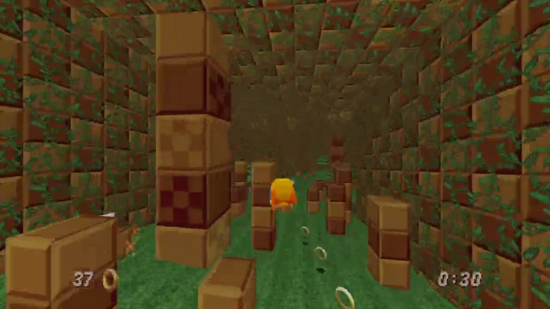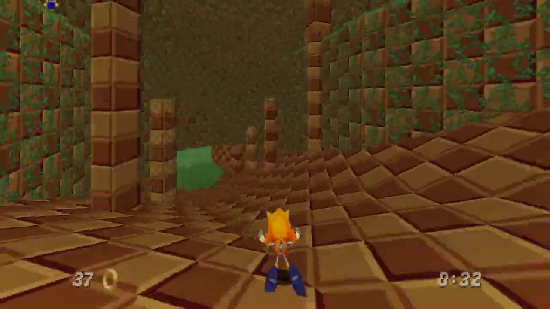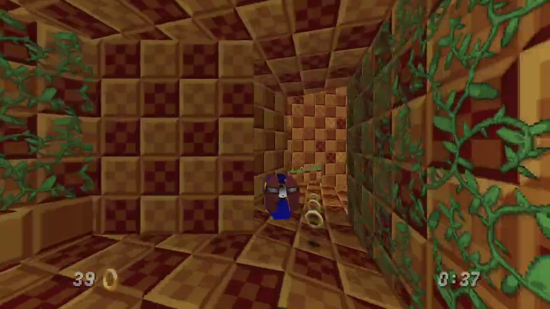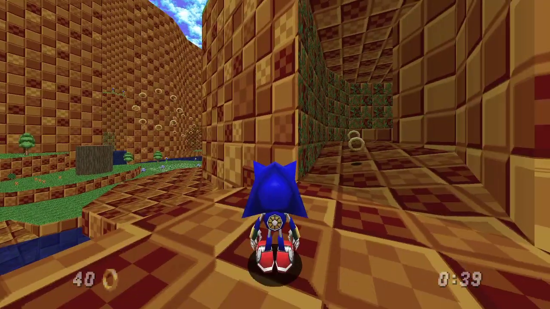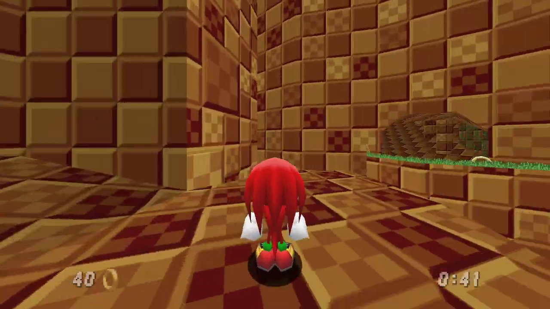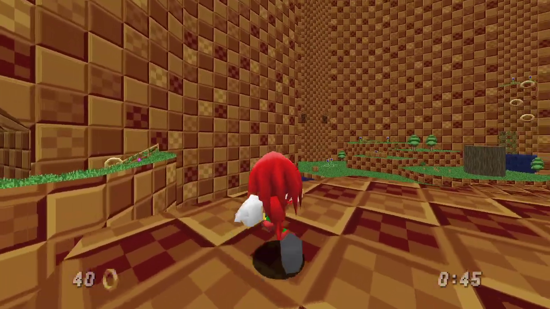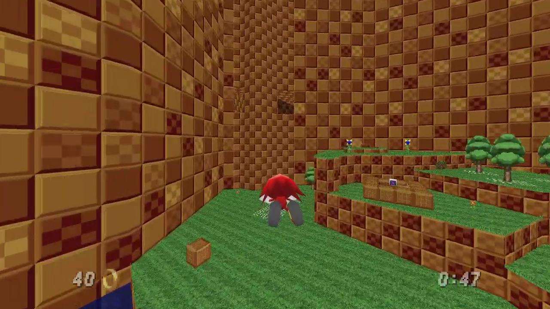Alright, so this is our stop. Let me go back to being Knuckles. What's happening here is basically there are two sizes of Greenflower rock.